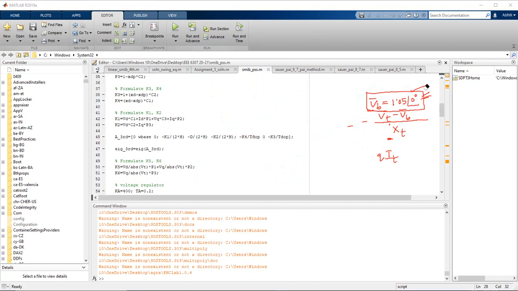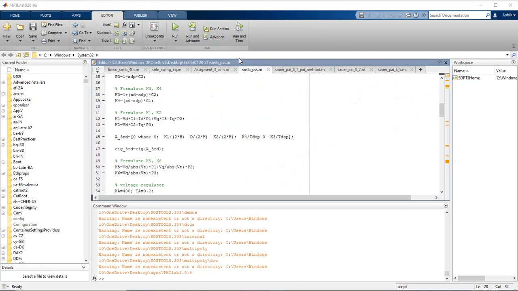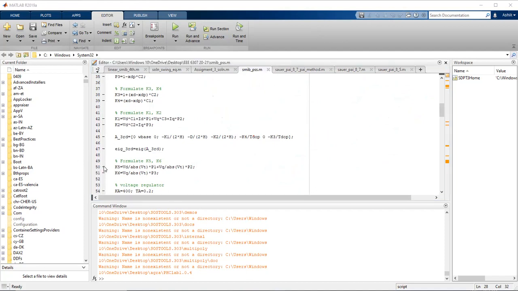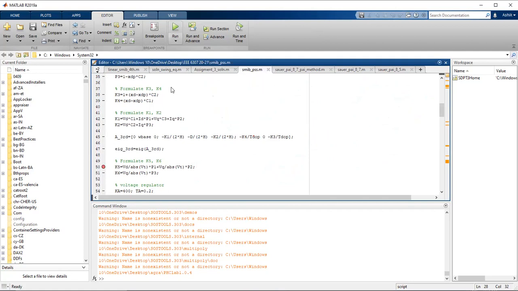Once you build it, you should be able to find the eigenvalues here. So let's run it and see what the eigenvalues are.